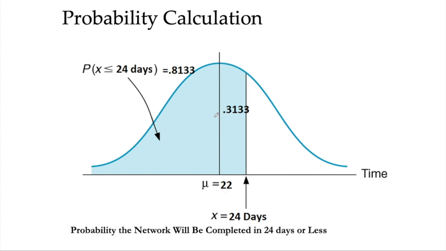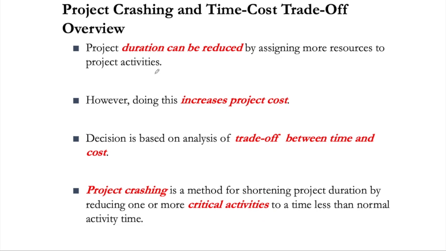So this whole area is 0.5 plus this area. This area's probability is 0.3133. If we add these two, we'll get a probability value of 0.8133. Or in terms of percentage, we can say that this project will be completed in 24 days with a possibility of 81%.